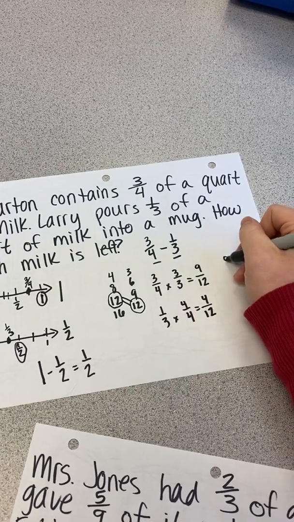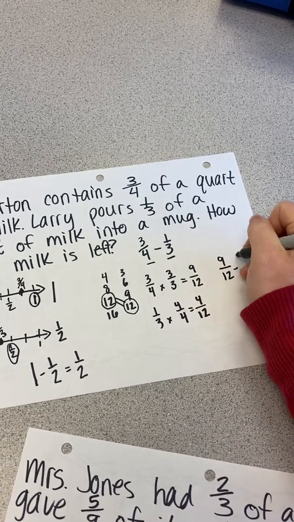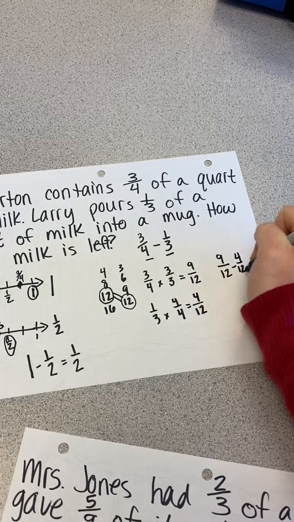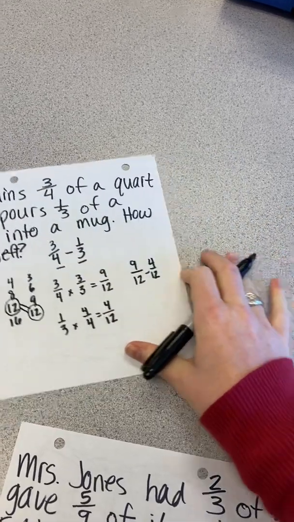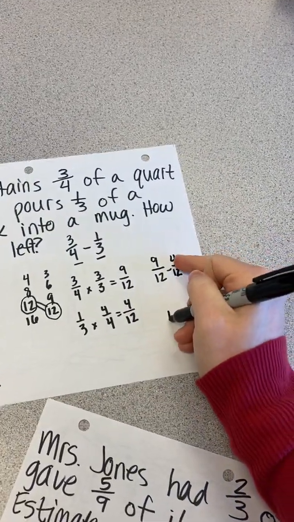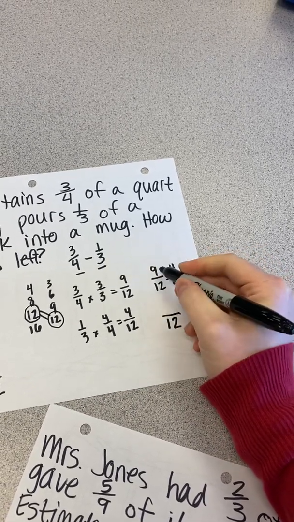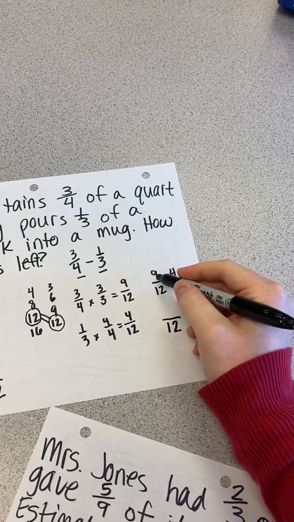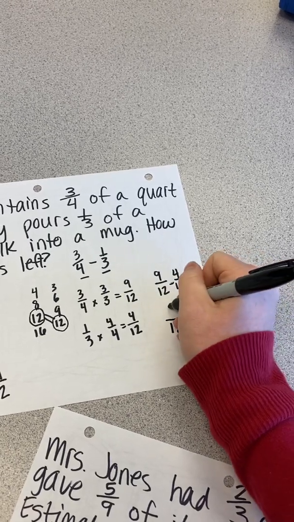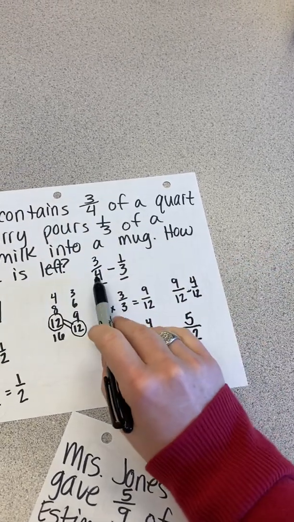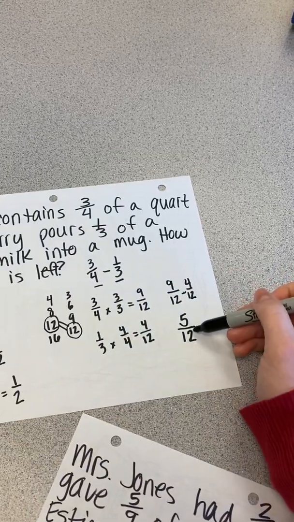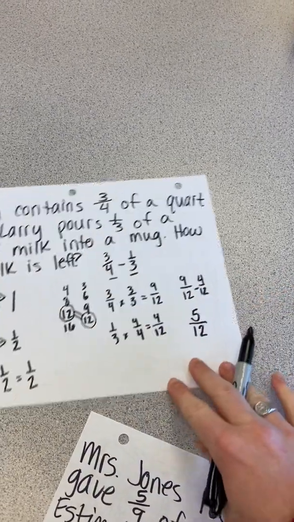So now I have 9/12 minus 4/12. Just like when we add, I keep my denominator the same, since I found that common denominator, and now I just subtract my numerators. So 9 minus 4 is 5. So 3/4 take away 1/3 is equal to 5/12.